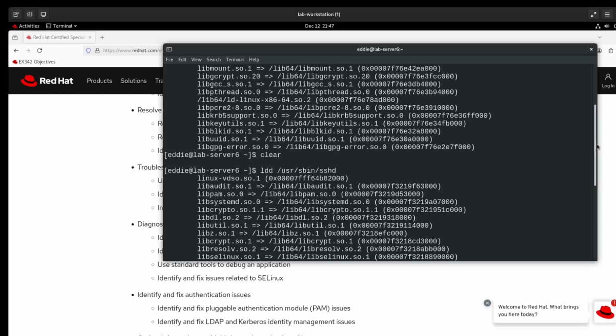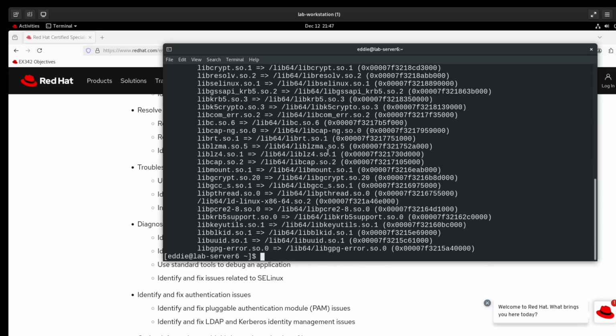So if something was missing with this, I think this would say not found. And then you would use your package manager, DNF provides the name of the library, and install the library to fix the application. There is another thing for these libraries. What's it? objdump, I think is what this is called.